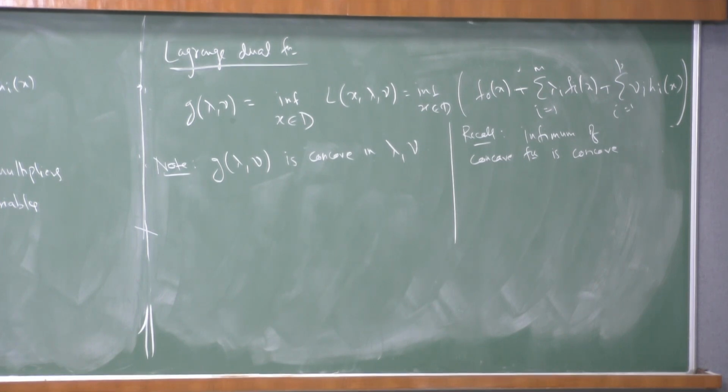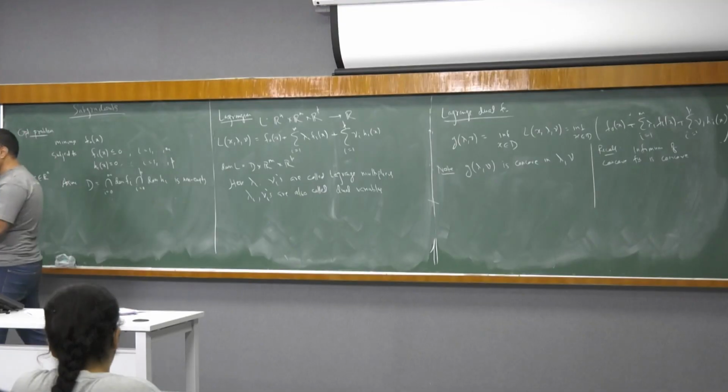Recall that if the negative of a function is convex, then it's called concave. Basically, you flip it.